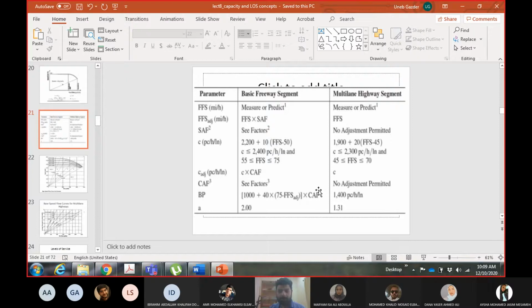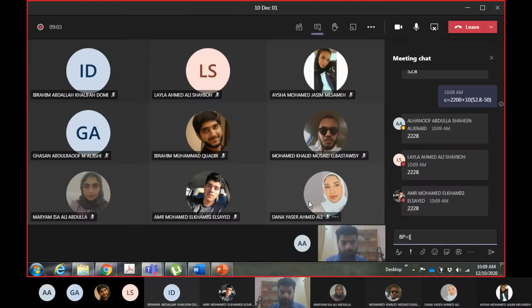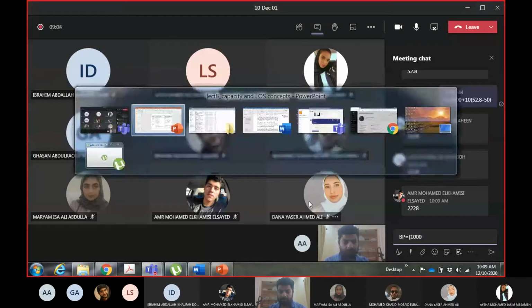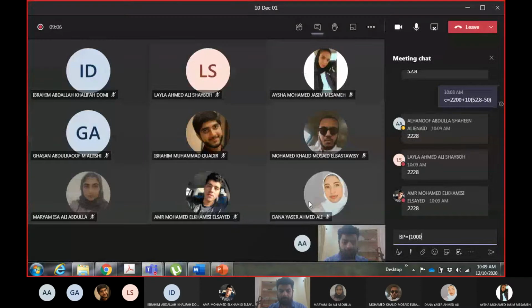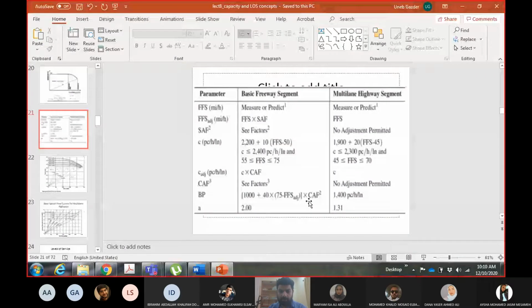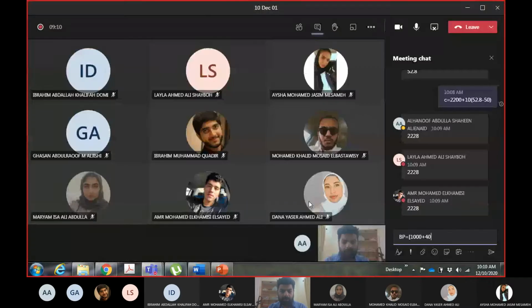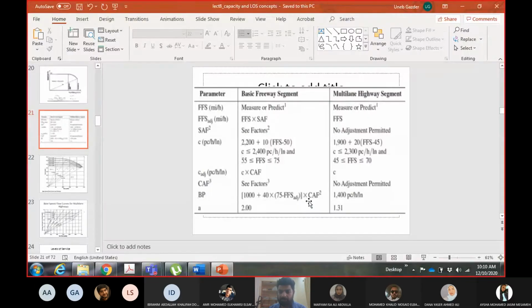If there are no conditions mentioned, the factors will become 1. So FFS multiplied by 1, and this also multiplied by 1. So 1000 plus 40 into 75 minus 52.8, multiplied by 1. I don't have to multiply by 1, I will just take it as it is.